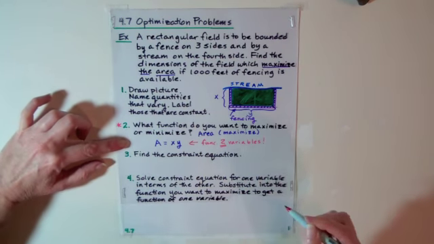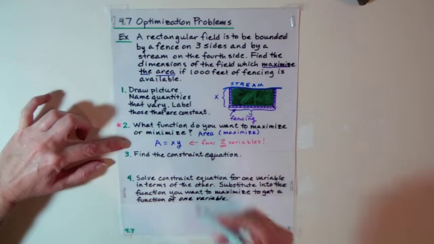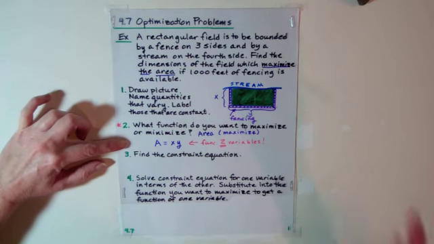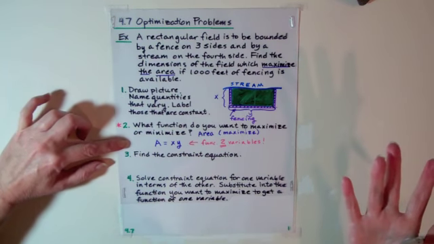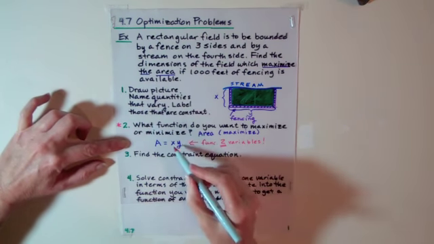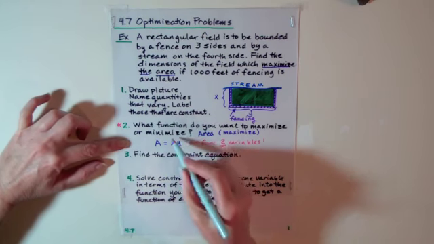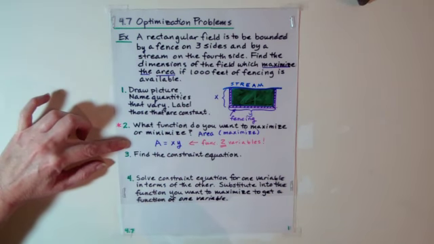Well, I've only learned to find the maximum or the minimum of a function of 1 variable. If it were a function of just x, I know how to find the maximum. I find the derivative and then I analyze the critical numbers that I get and decide, is it a maximum, is it a minimum? But if it's a function of 2 variables, I have no way to find the derivative. I don't know how to maximize a function of 2 variables.